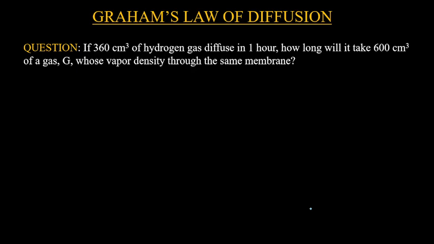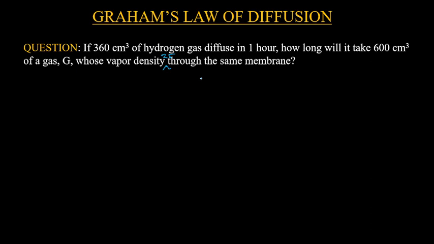It says if 360 cm cube of hydrogen gas diffuse in 1 hour, how long will it take for 600 cm cube of a gas G whose vapor density is 25 to diffuse through the same membrane? That's what the question is.